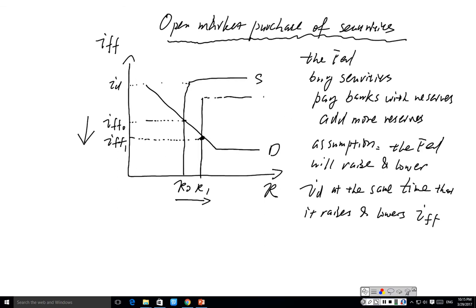So which means the supply curve will shift like this. The vertical part shifts to the right, and the horizontal part shifts downward. So after the Federal Reserve buys securities in the open market, we find the conclusion: it actually reduced the federal funds rate.